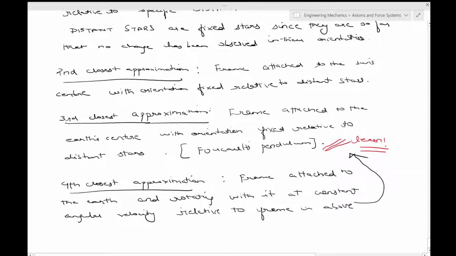Okay, so this is rotating with respect to this frame, and this frame is attached to the center of the earth. So you can get an idea.